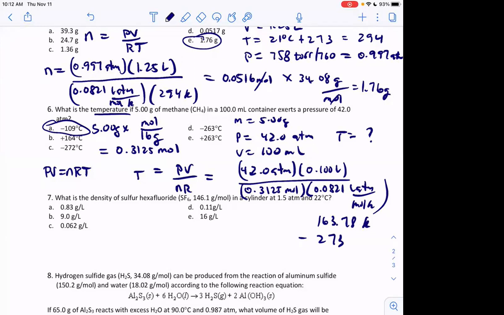Questions? All right, here's the density problem. Everybody good on this one? Okay. What's the density of sulfur hexafluoride at 1.5 atmospheres and 22 degrees C?